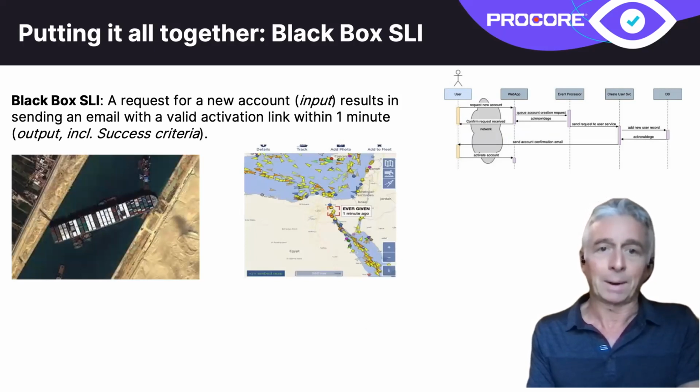But back to the proposed black box SLI. It does not capture queue-specific metrics, so in the case of a stuck queue, we may consider a more granular SLI specific to queue size. While the queue size can impact the user experience, it is also opaque to the user. From an engineering perspective, it is a white box metric.